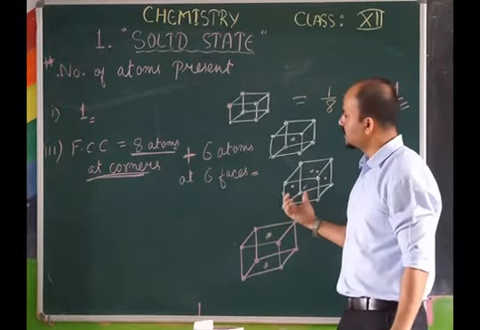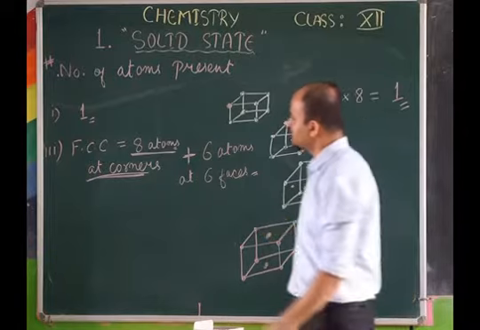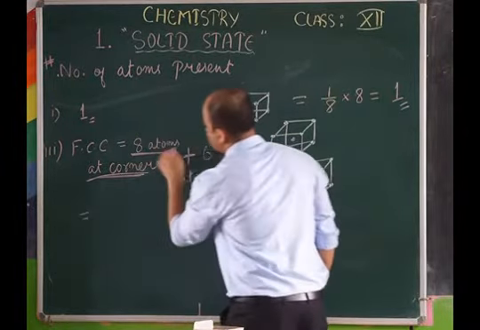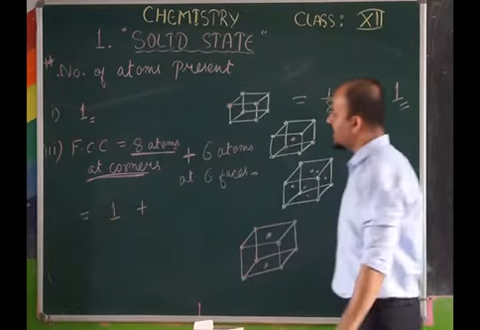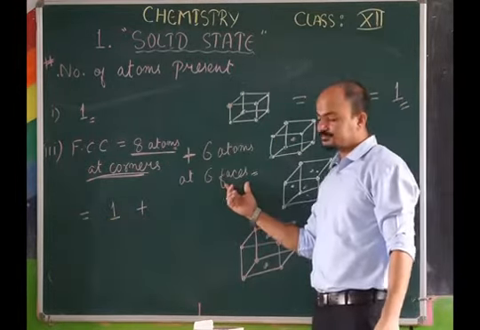Now let's see the contribution of the 6 atoms at the 6 faces. This part you already know: 8 atoms at corners will give you 1 atom for each unit cell.